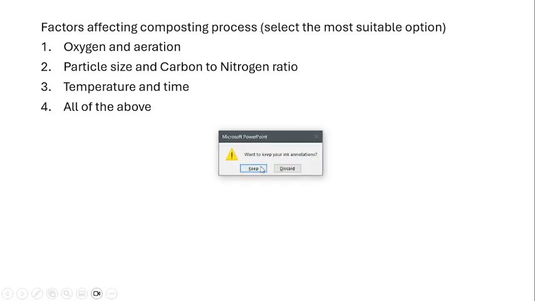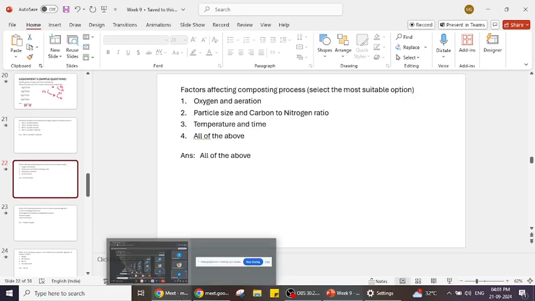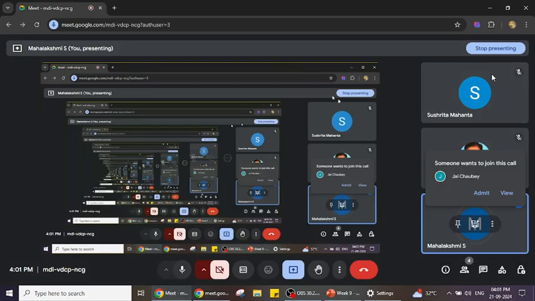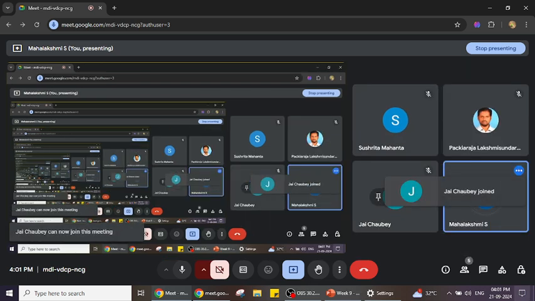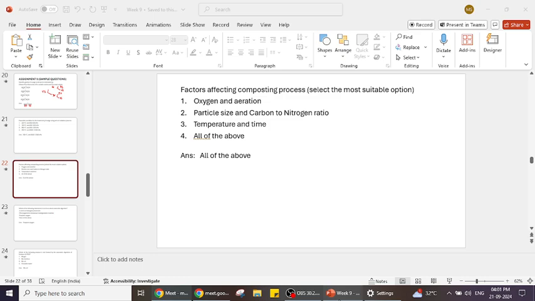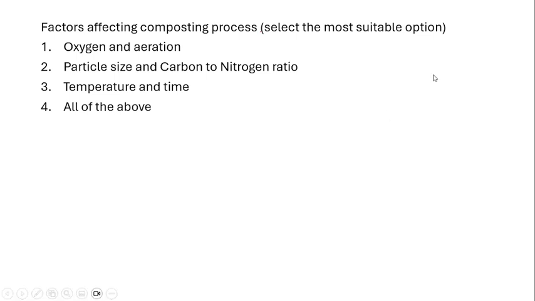So we use the microorganisms in the composting process. So now the factors affecting the composting processes are oxygen and aeration, particle size and carbon to nitrogen ratio, temperature and time, all of the above.